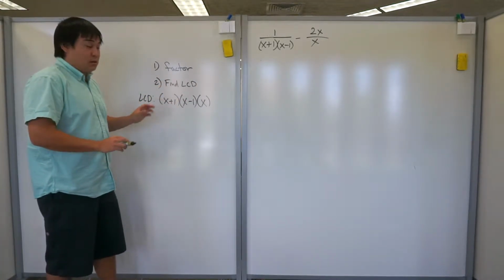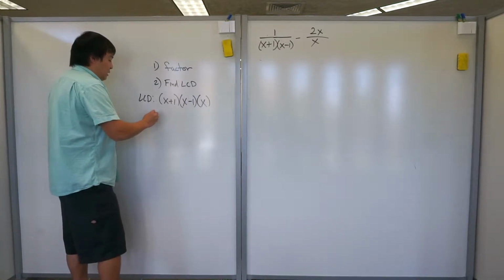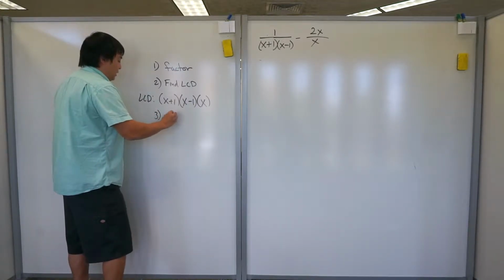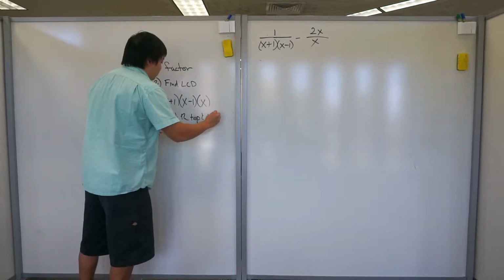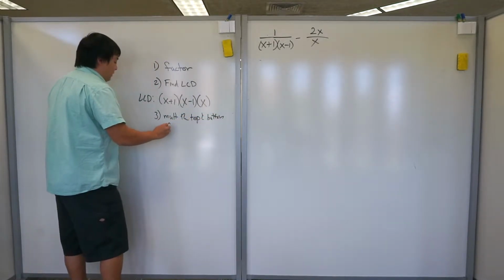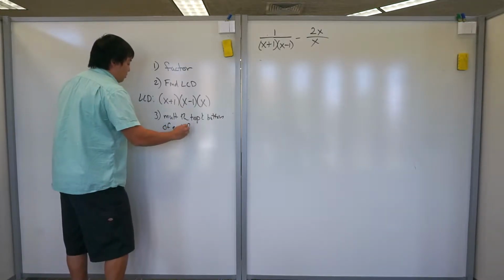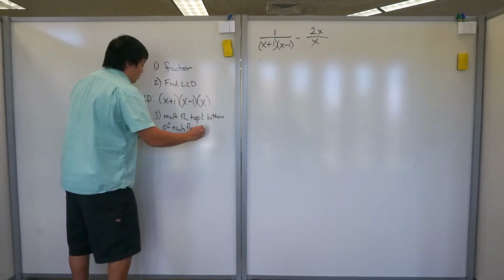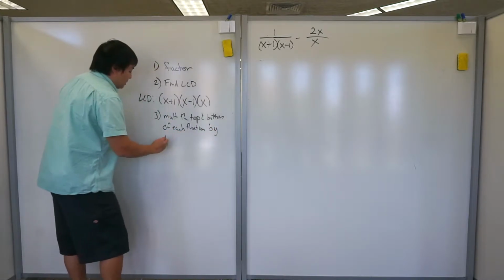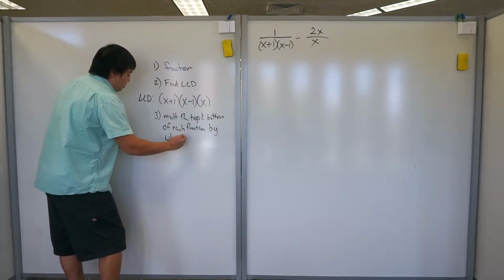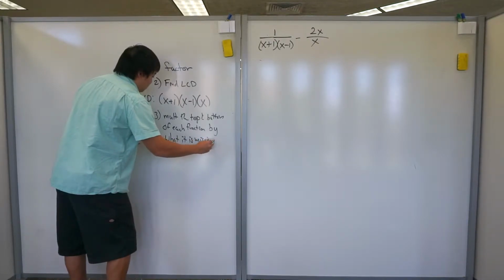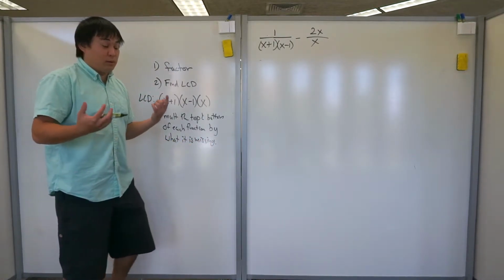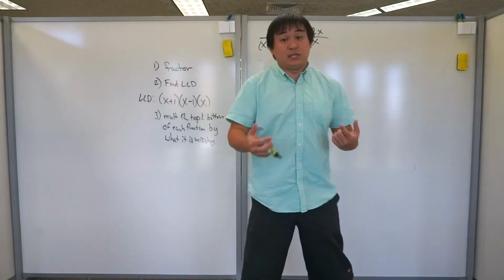That's the LCD. Step 3 is multiply the top and bottom of each fraction by what it's missing. Kind of like what we did when we were doing the other fraction, 7 was missing a 5.